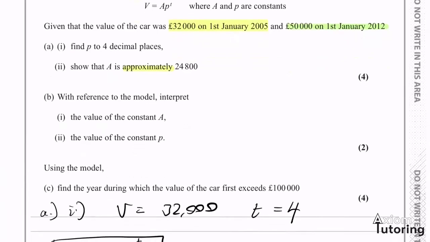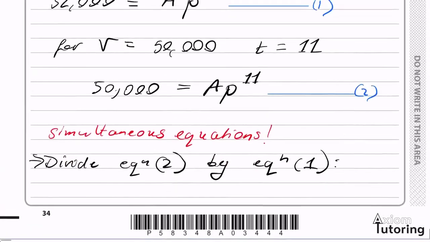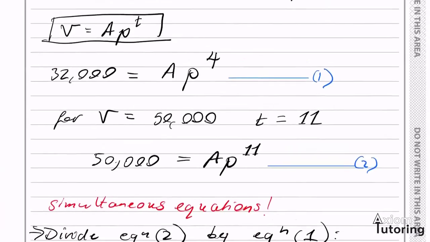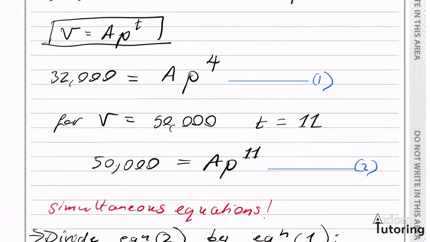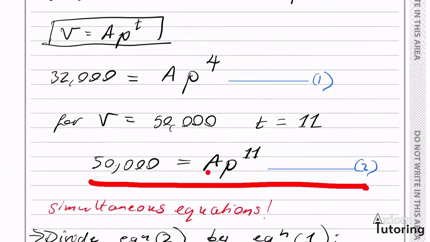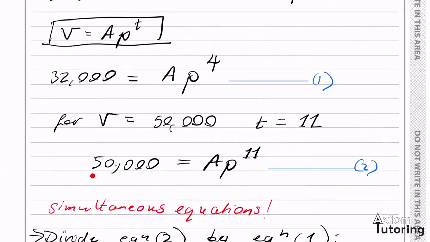So let's do that, and let's pick one of our previous equations with the corresponding values that we need. So I'm going to pick equation 2. Then I'm using the value of V as 50,000 and the value of T as 11.